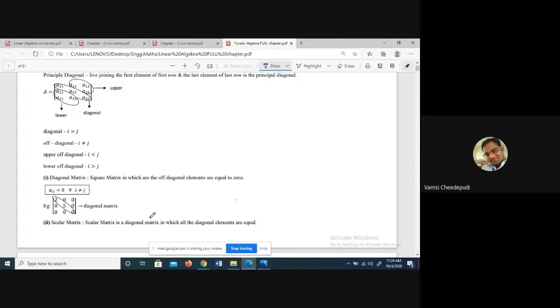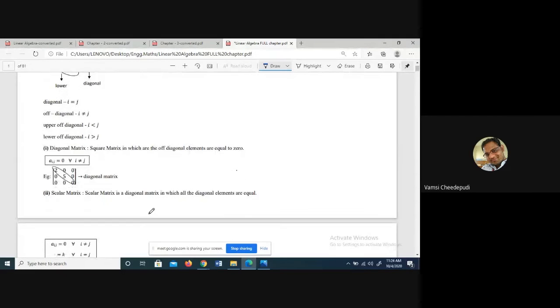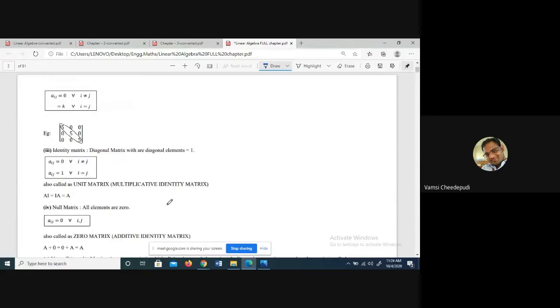In a diagonal matrix, off diagonal elements equal 0. When i is not equal to j, the entry value is 0. And when i is equal to j, there exists some number, maybe 0 or 5 or 2 or something. But off diagonal elements must be 0.